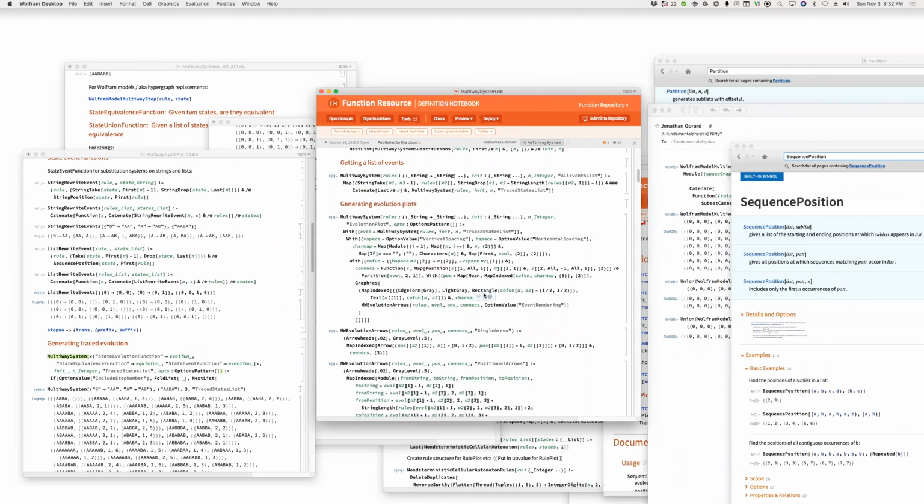Okay, evolution plots. What the heck? Okay, I think that's just rendering stuff there. We are going to need a state rendering function, because that's what all this stuff is about.